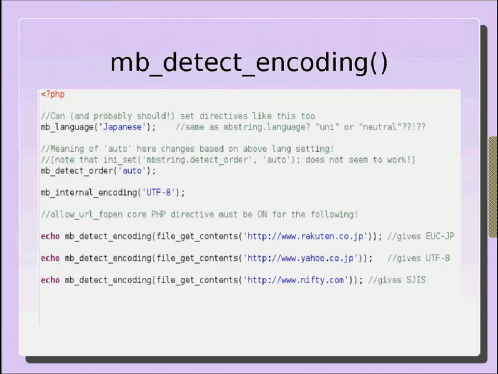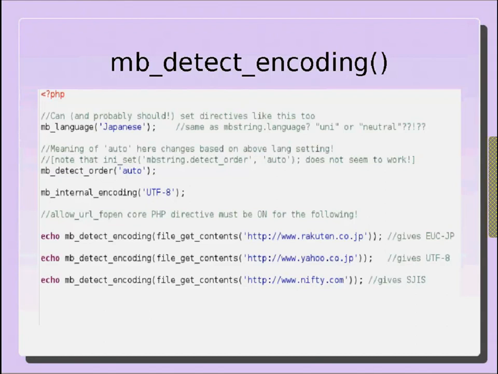So what we're doing here is basically downloading some home pages from some different Japanese websites, and then we're doing a detect encoding on the source of that home page. So Rakuten.co.jp, which is a shopping mall, sort of like a Japanese Amazon, I guess. The encoding is giving you EUC-JP, which is a Unix-style character encoding for Japanese.